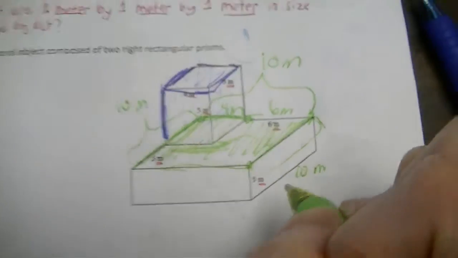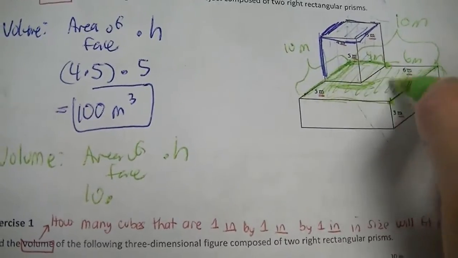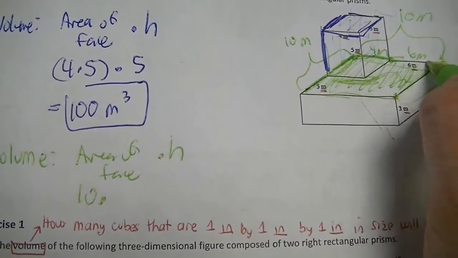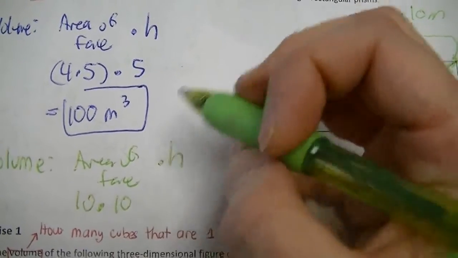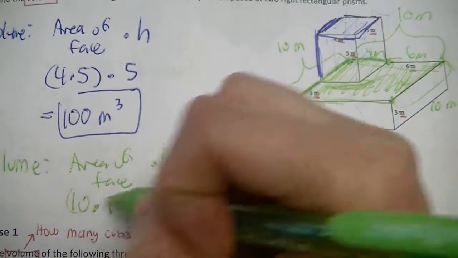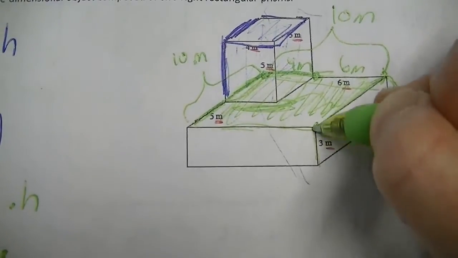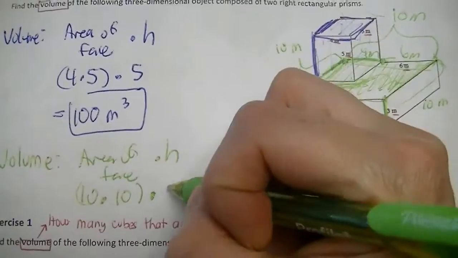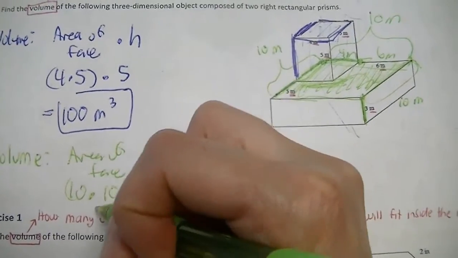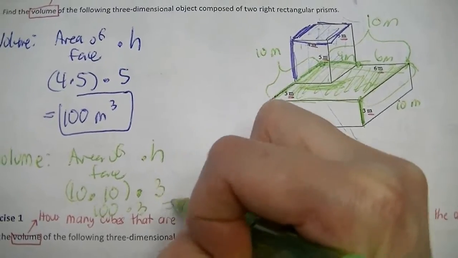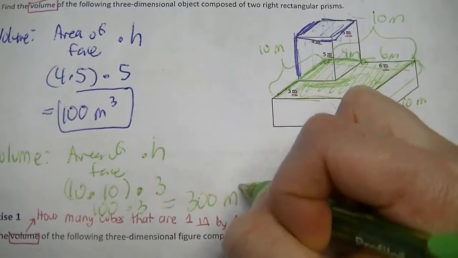To find the area of this face, we already had 10 meters, and we multiply it by that other length, which is 10 meters. Then you multiply it by h. The length from there to there is 3 meters. 10 times 10 is 100. We multiply it by 3, and we get 300 meters cubed.